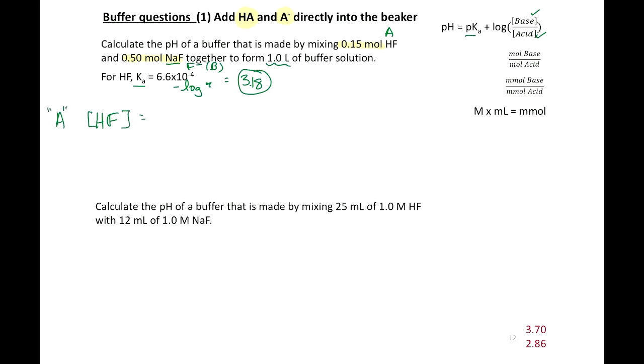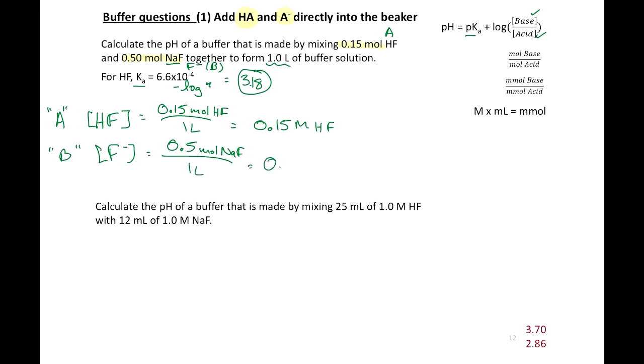If we convert this into molarity, it is 0.15 moles of HF over 1 liter, so the concentration is 0.15 molarity HF. We have to do the same thing with F minus. This is the base that goes into our Henderson-Hasselbalch. With the numbers given, half a mole of NaF or F minus in 1 liter is equal to 0.50 molarity F minus.